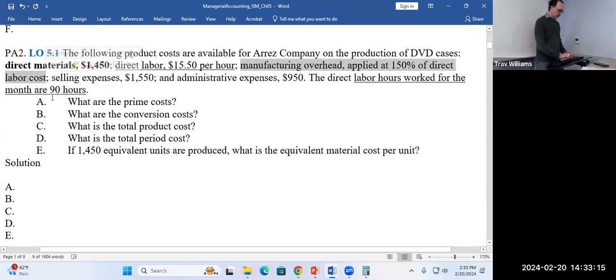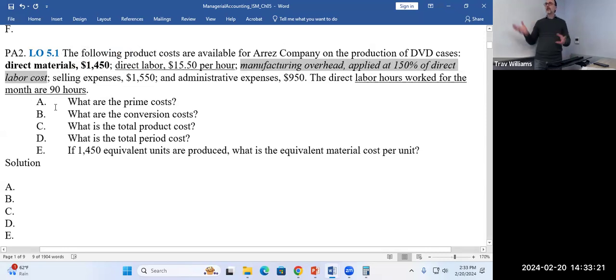So to figure out the overhead cost, it's going to be whatever your labor cost is times 1.5, right? That would give you the overhead cost. And then we have some selling and administrative expenses listed here as well.